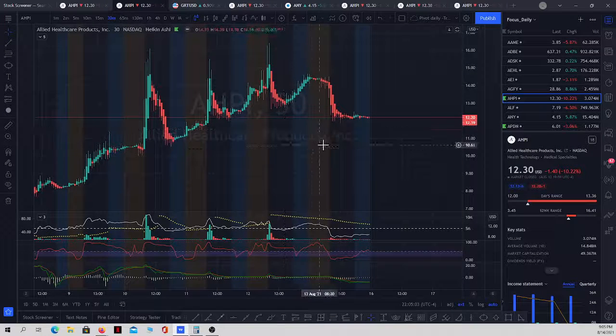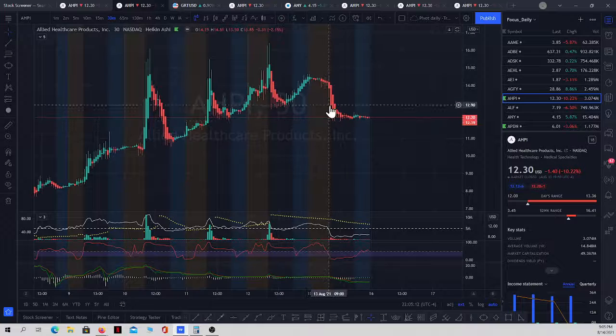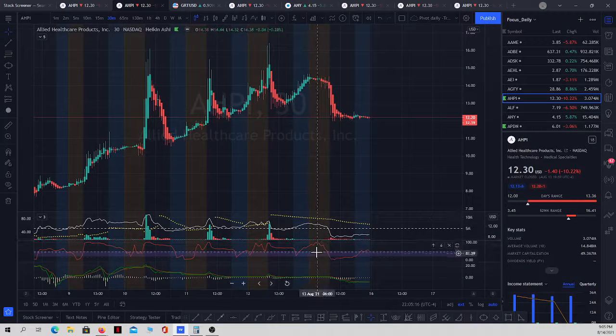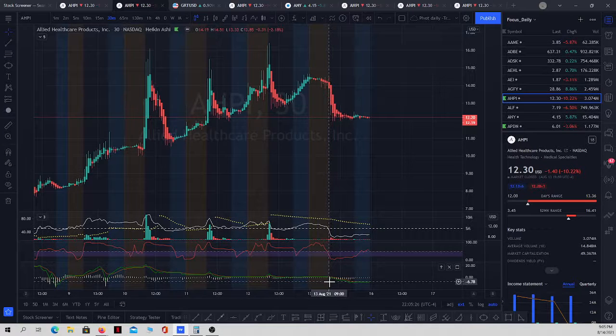So you can see clearly after hour and Friday morning there was a huge amount of money getting out of the security. So this is why you see the money flow index is just dropping very fast, and at the same time the volume flow indicator.